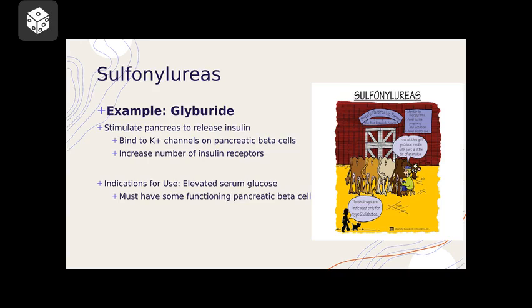So glyburide works in two ways: you're stimulating the pancreas, and you're stimulating those receptors to notice that the insulin's there. We're going to use this medication to treat elevated blood sugars. Again, your patient must have some functioning beta cells, so they should be a type 2 diabetic if we're going to give them the sulfonylurea glyburide.